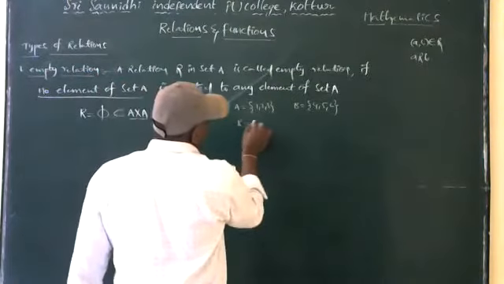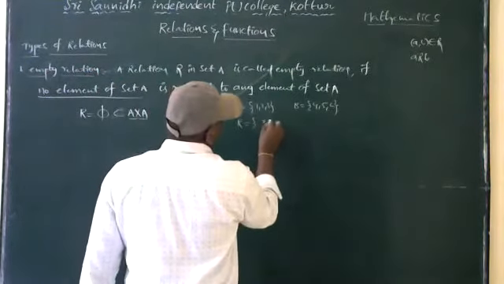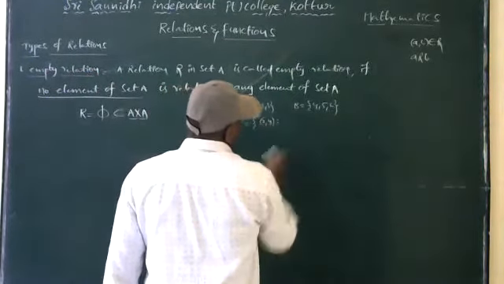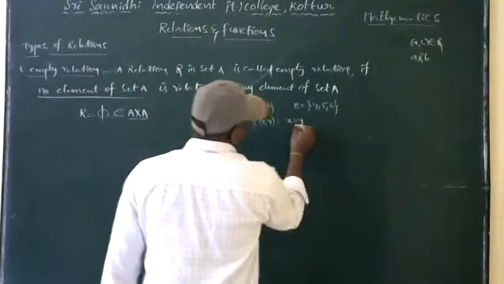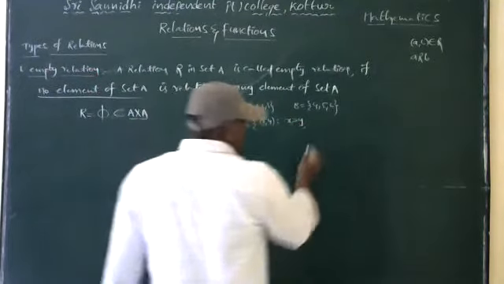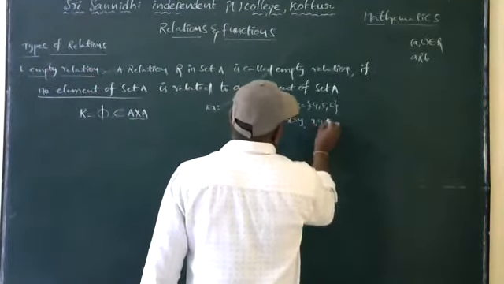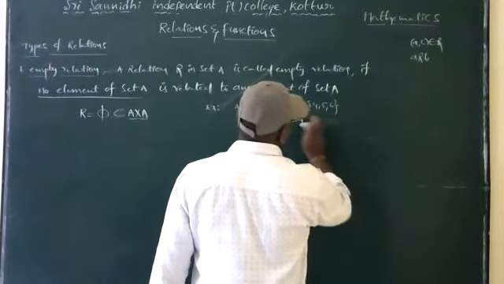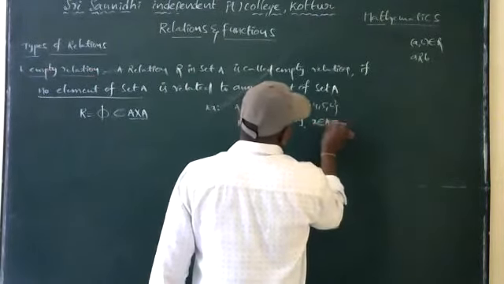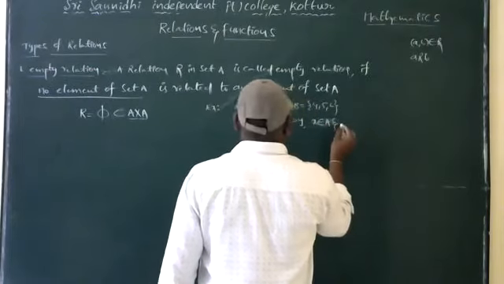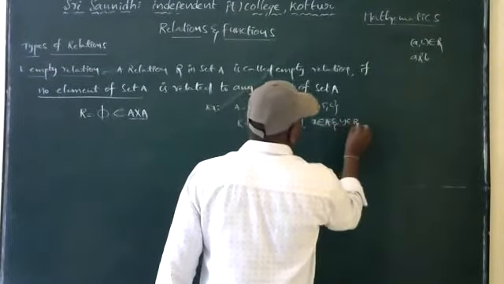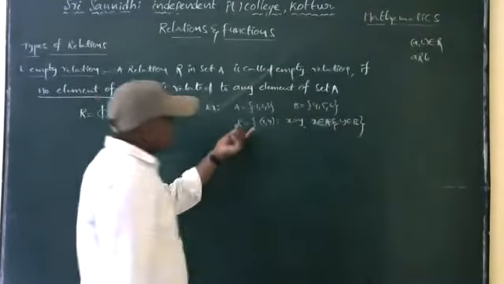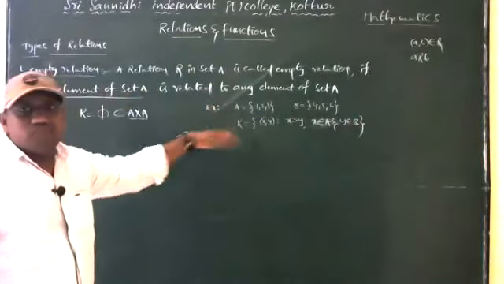Capital R is equal to (x, y) such that x greater than y, where (x, y) belongs to, x belongs to set A, and y belongs to the set B. This relation is defined here.